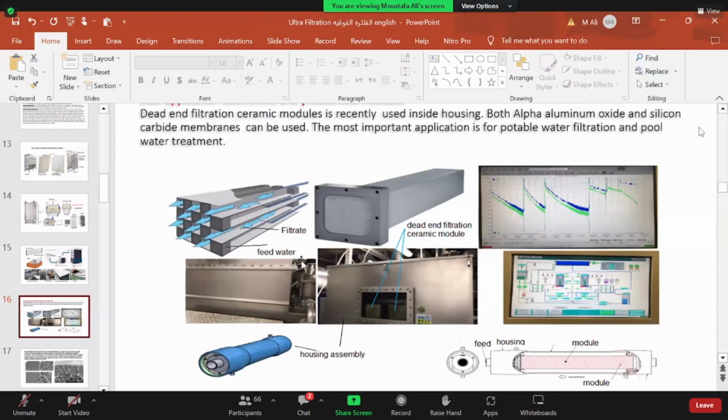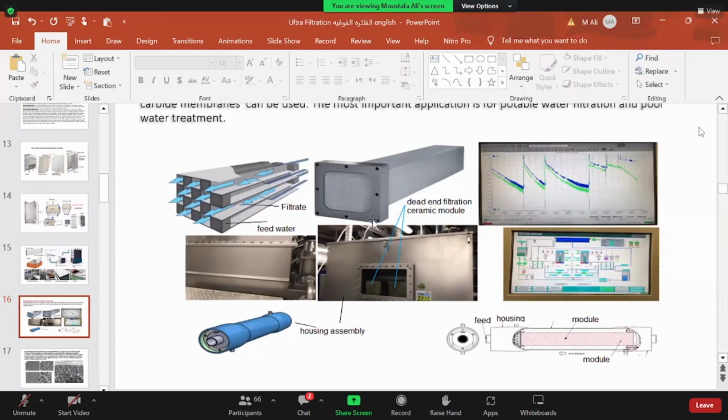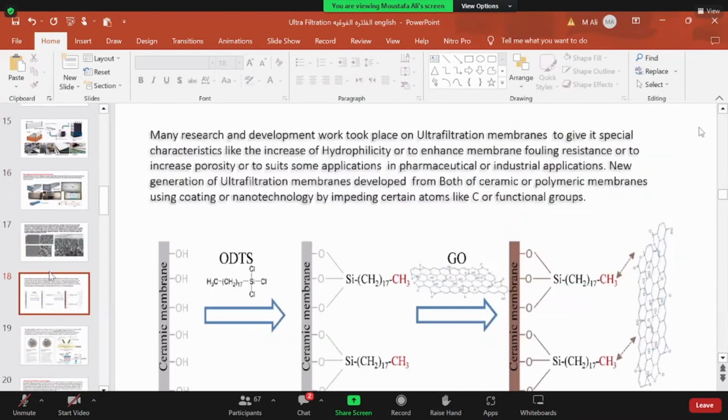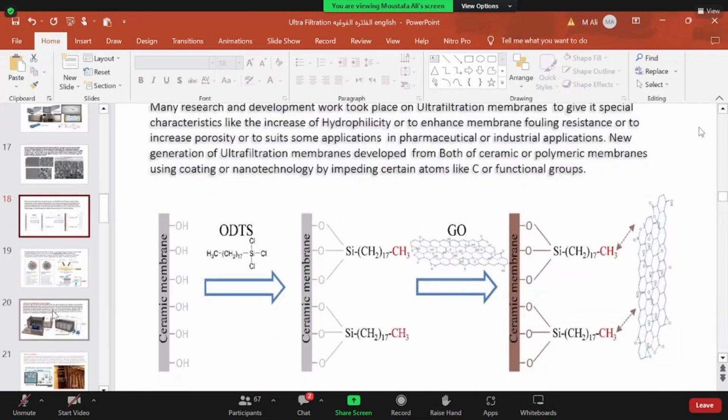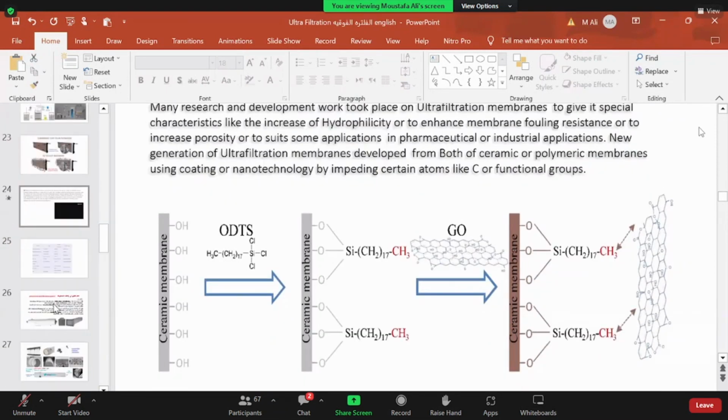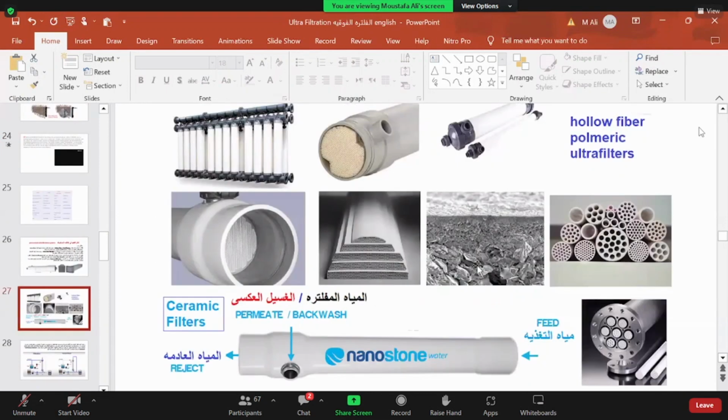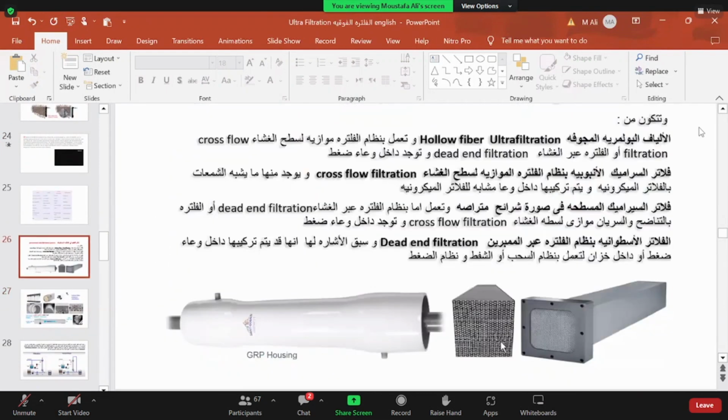So this is this type of bulk module with dead-end filtration, but it can also be inside housing. Let's see the figure and then explain it. This is inside the housing, as shown before. We can see one closed, one open, one closed, one open, very tiny.